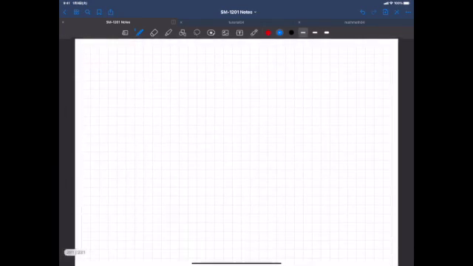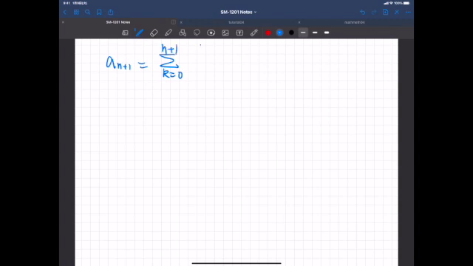Then we do the same thing for a_(n+1). This will be the binomial expansion from k equal to 0 to n plus 1.